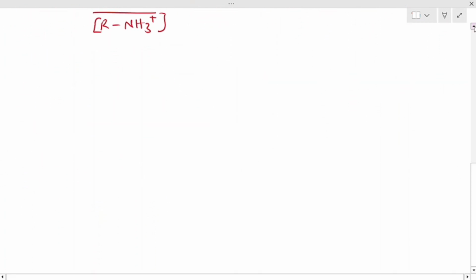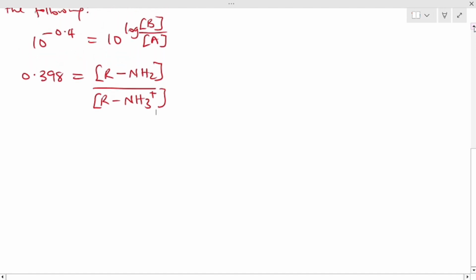So replacing that back, you have your RNH2 over your RNH3 plus. So this is the ratio as it is right here: the ratio of the base, which is the unprotonated, to the acid, which is protonated. And that gives you this number right here.